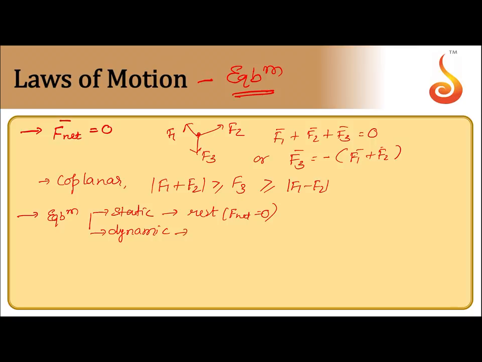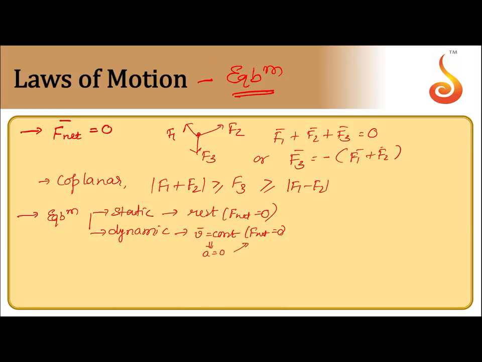The object is in dynamic equilibrium means the object is in motion but with constant velocity. So again net force is 0, you may notice. Velocity is constant implies acceleration is 0. Acceleration is 0 implies the net force is 0.